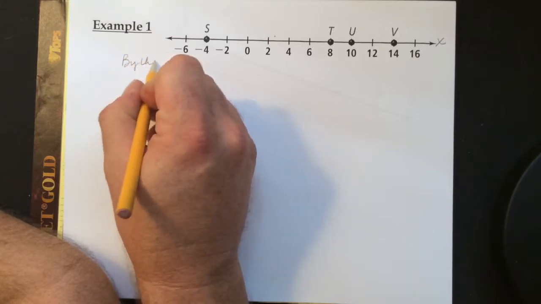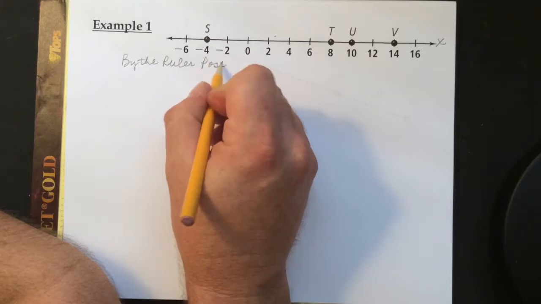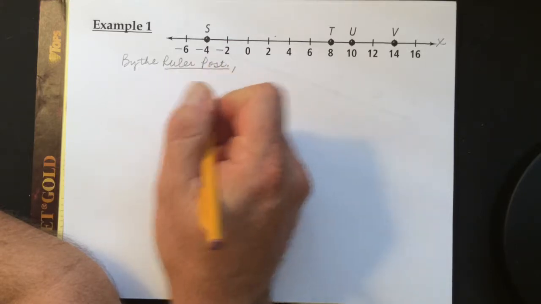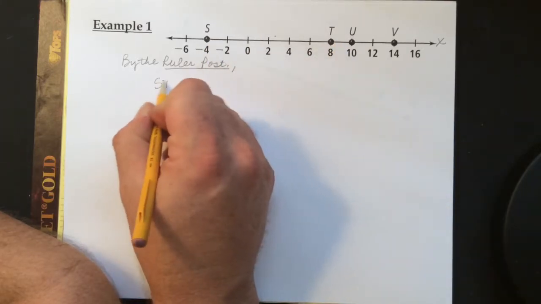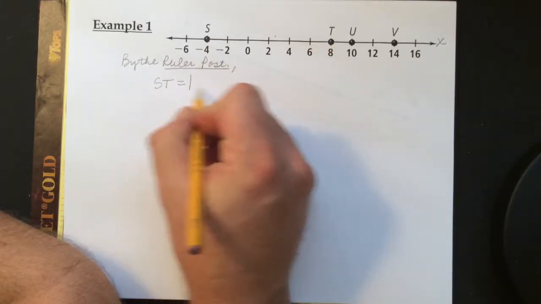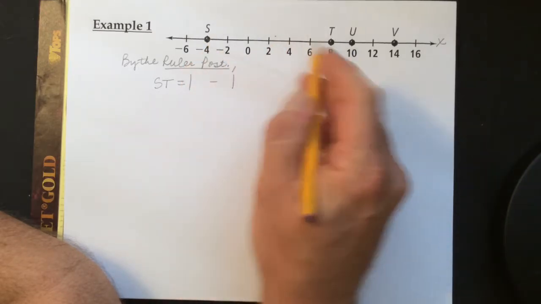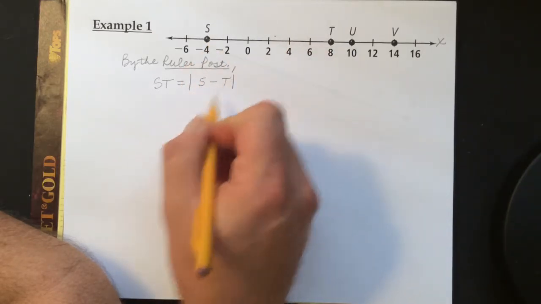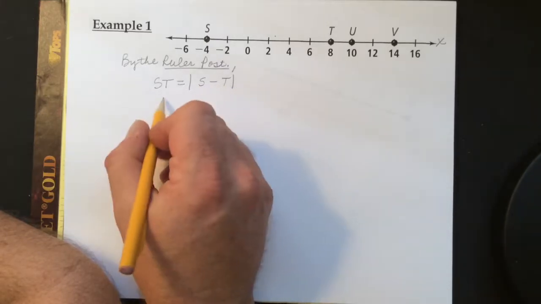So by the Ruler Postulate, we have the length of ST equals the absolute value of the difference between those 2 endpoints' coordinates, S and T. You can also write it as the absolute value of T minus S. It doesn't matter.